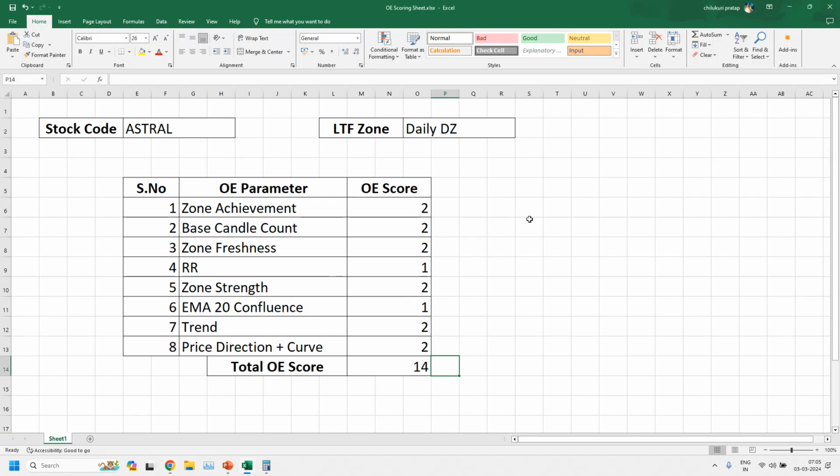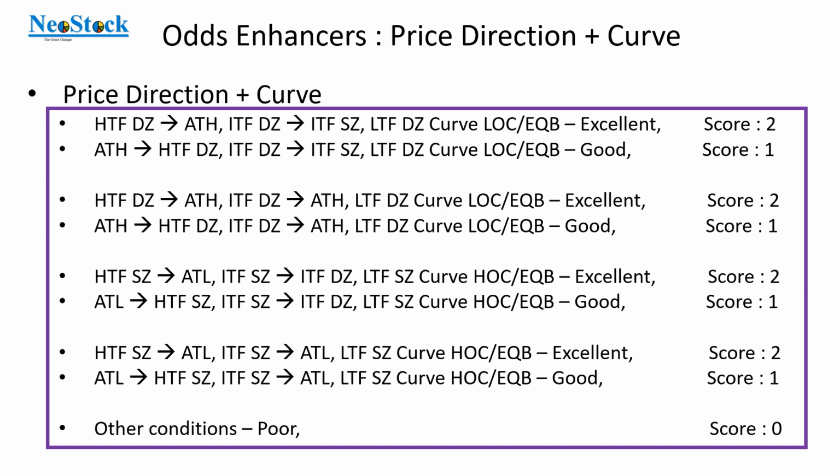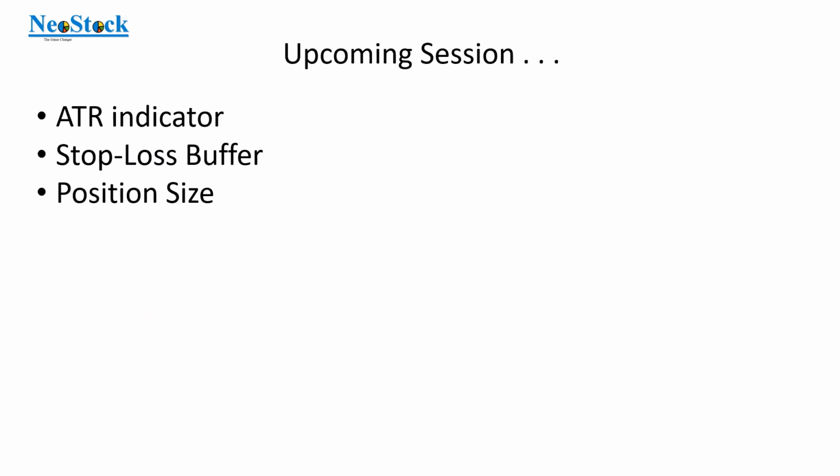So this is about odds enhancers. In the next session, we will discuss the stop loss buffer, position size, and there is an indicator, the ATR indicator, which will help you in identifying your stop loss buffers, how much buffer you need to keep.